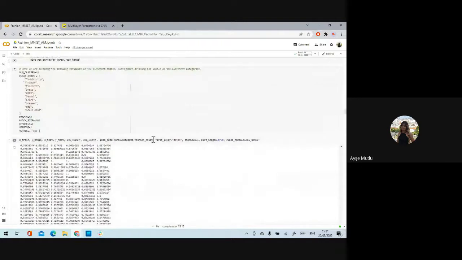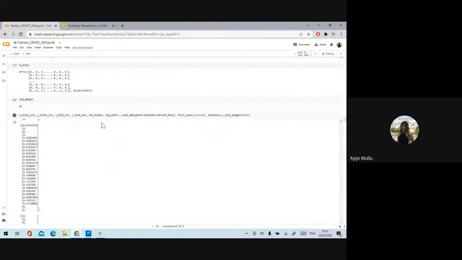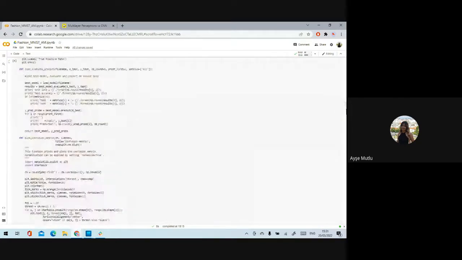The function was here for the convolutional neural network, and you can see here X-train CNN, Y-train CNN, test, image height, and width. When we call the load data function, this time, as the first layer, we are choosing the convolutional 2D. Let's see what we are doing there.